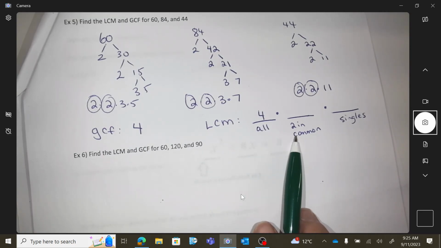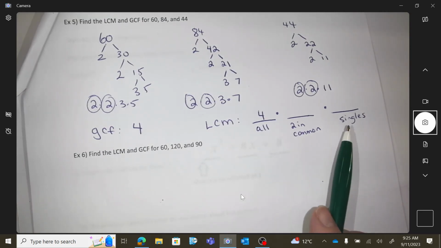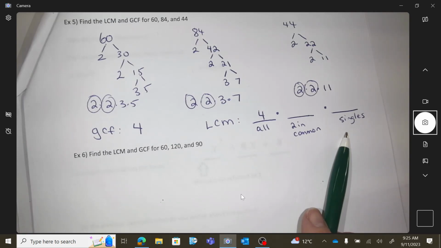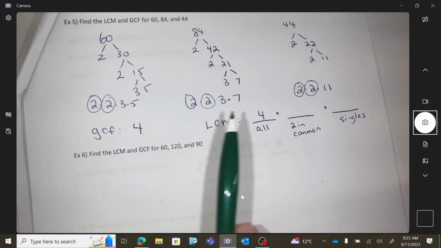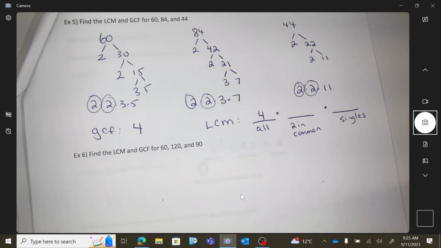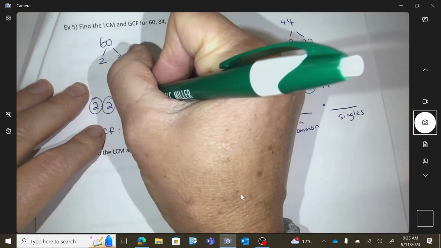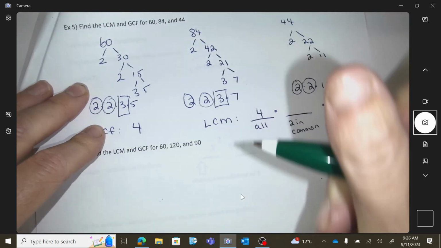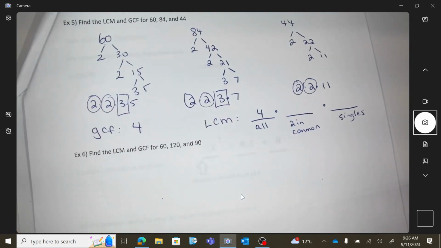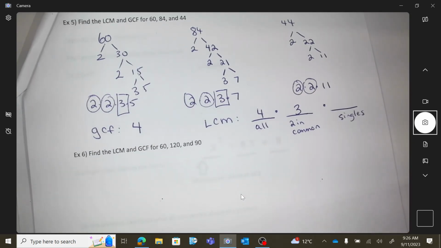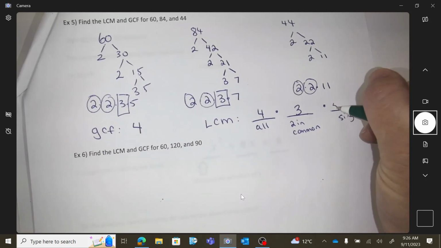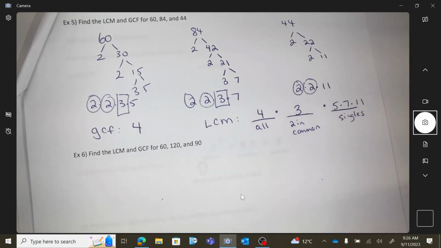Now we're going to add what 2 of them have in common and then the leftovers. Okay, so we have this middle step added in. So do 2 of them have something in common? There's a 3 in those two numbers. Then the singles are 5, 7, and 11.